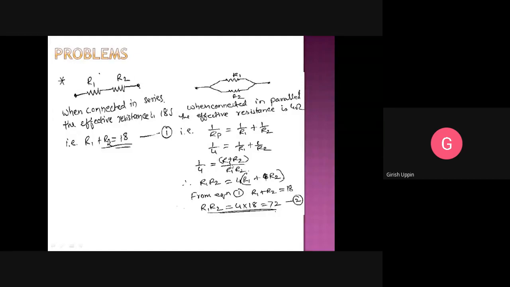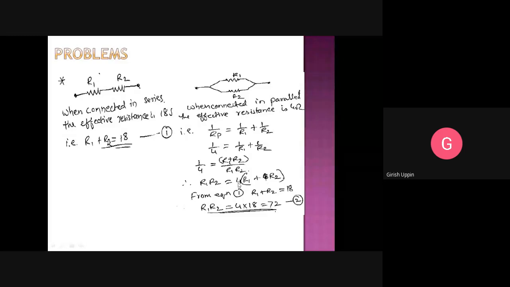So we have simplified this one: 1 by 4 is R1 plus R2 divided by R1 R2. Therefore R1 R2 is equal to 4 times R1 plus R2. And R1 plus R2 from equation 1 we know is 18, so you can replace R1 plus R2 with 18.